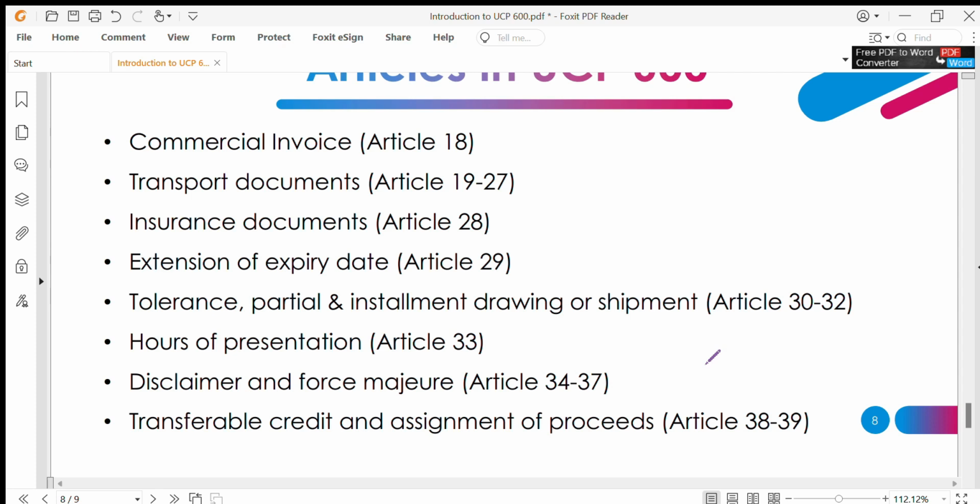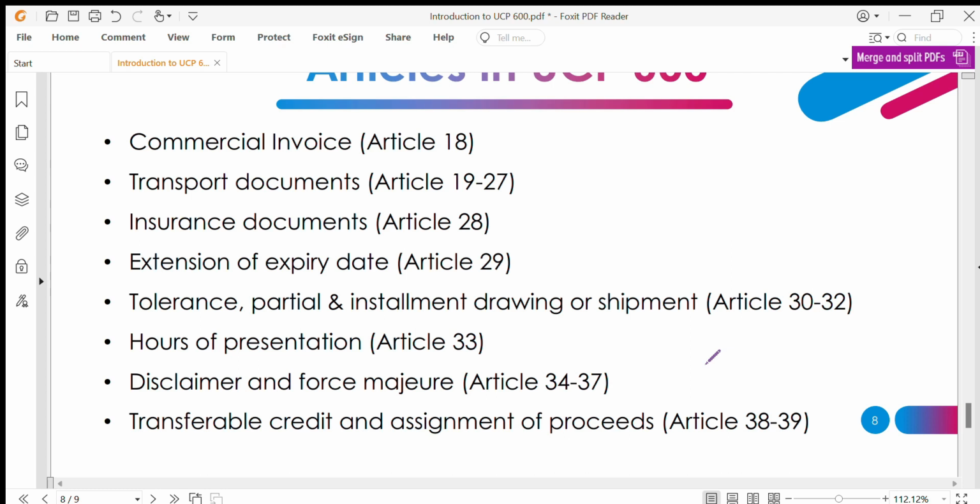All those are mentioned in Article 30 under tolerance. Articles 31 to 32 talk about partial and installment drawing or shipment, whether they are accepted and, if accepted, in what ways it needs to be done. Article 33 talks about the hours acceptable for presentation.